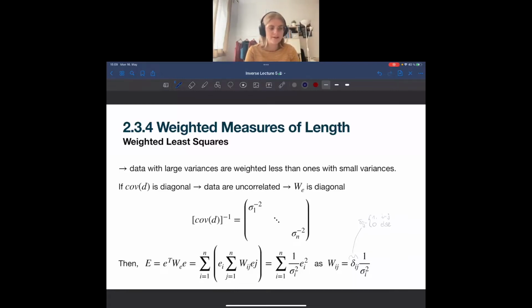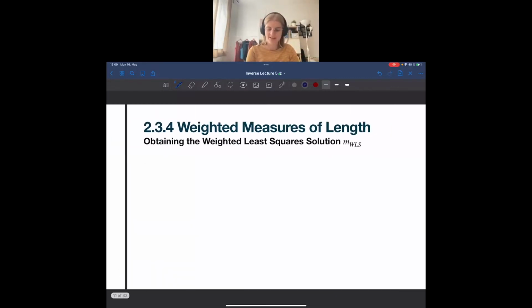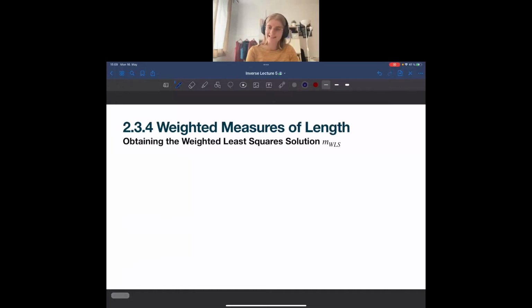So we have here now the total misfit given. Of course, the question is, what are we going to do with it? The first big thing for today is we obtained a weighted least squares solution. Compared to the previously defined least squares solution, the only thing that changes is that we add the covariance matrix like we just did, and we assume that it's diagonal.